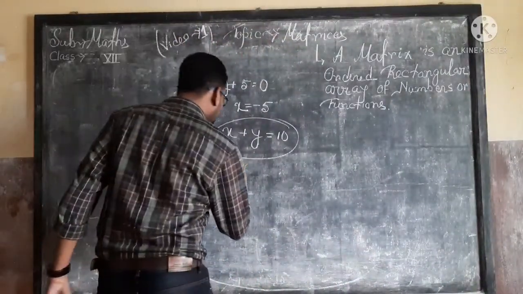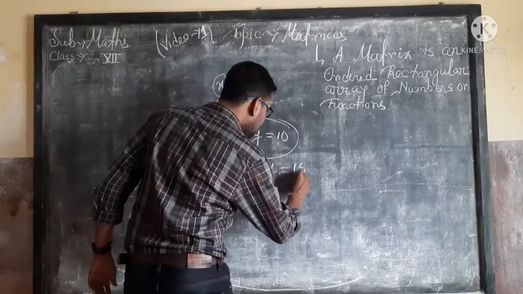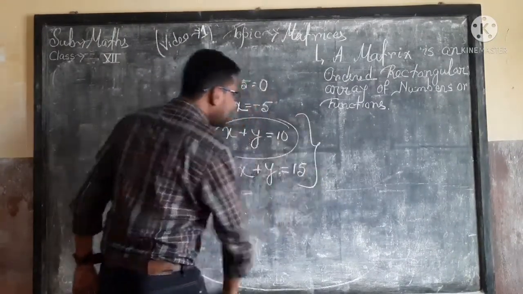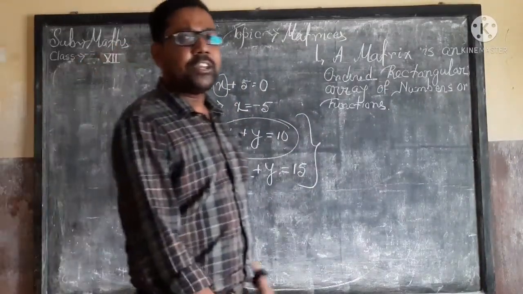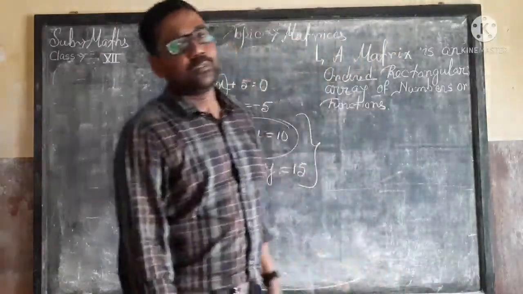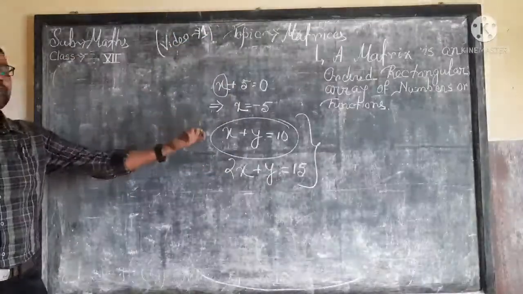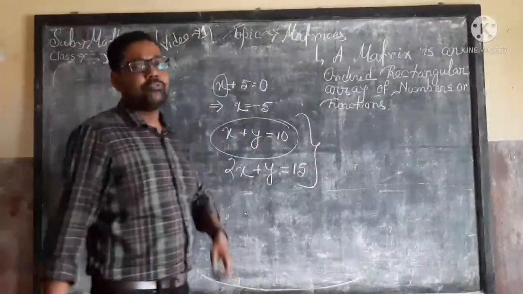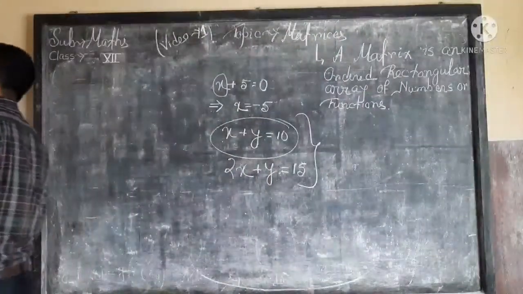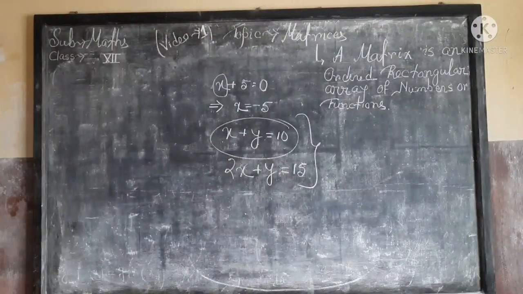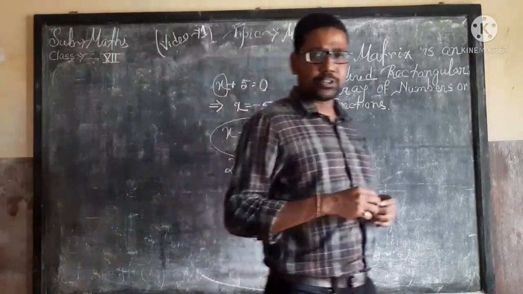That means, suppose we consider these two, that is, a pair of linear equations, then we can solve and find the particular values of the two variables. That means to solve any pair of linear equations, we need a minimum of two linear equations.